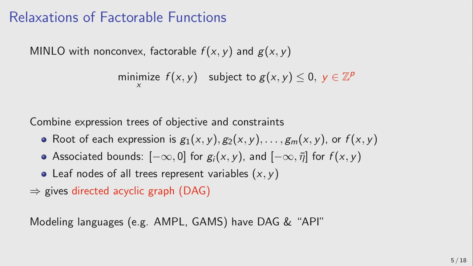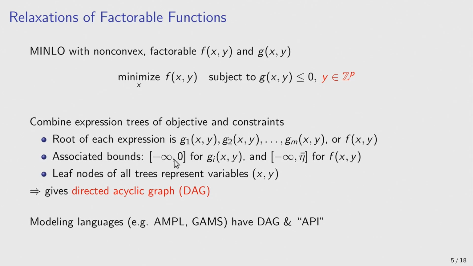So in particular, we're also going to combine expression trees of the objective and the constraints. So we're going to write down what's maybe a forest of trees. We have an objective function and we have constraints. And for each of those, we also have associated bounds.